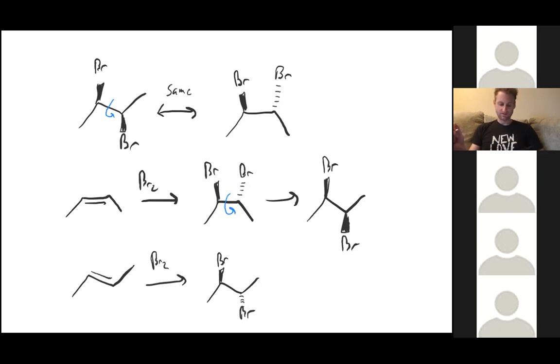So it's another example of where you really need to keep the configuration you started with in your product, or else you're going to end up flipping the stereochemistry and creating diastereomers. Does that help?